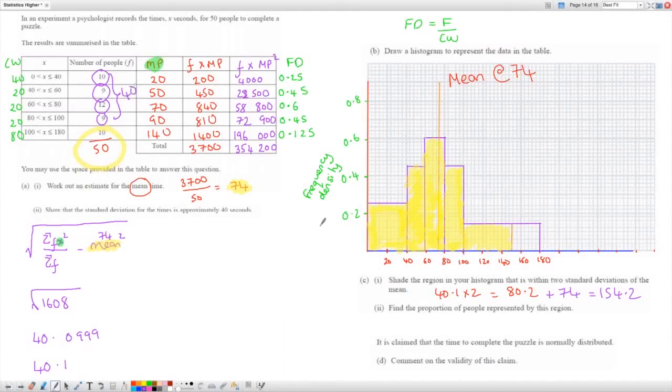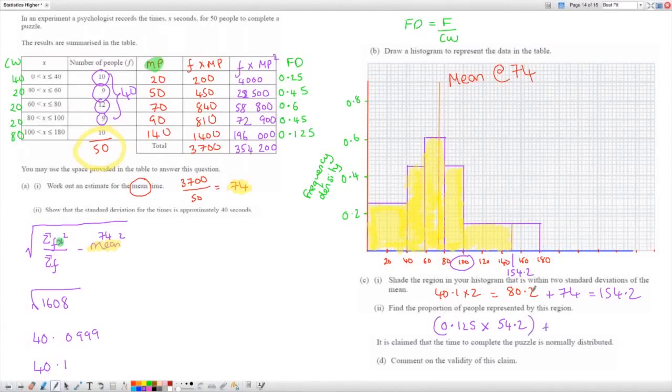We then have here part of these 10 people. So we actually have, from this section onwards, 54.2 of the final section. So here we are going to be looking at 0.125, the frequency density here, and then from 100 to 154.2, so timesing here by 54.2, the difference between these 2 parts.